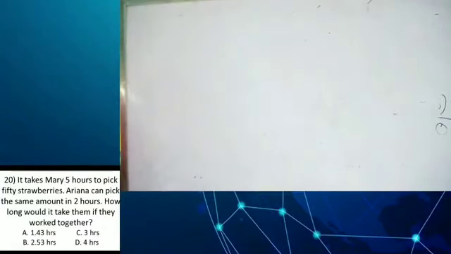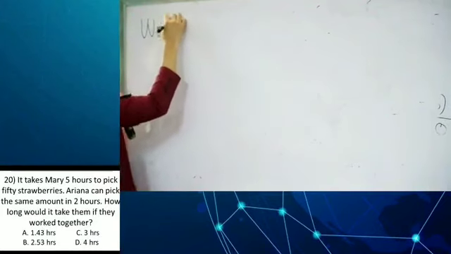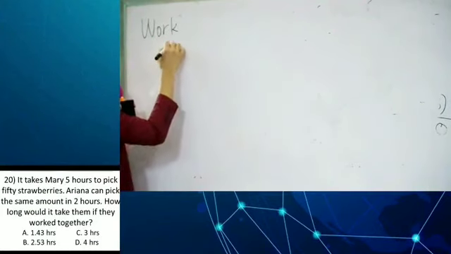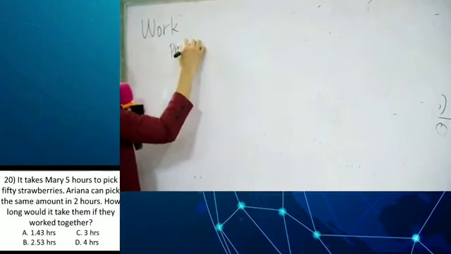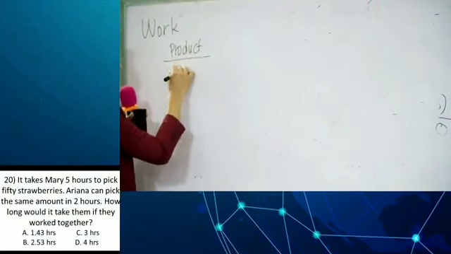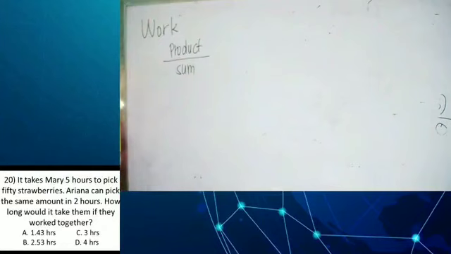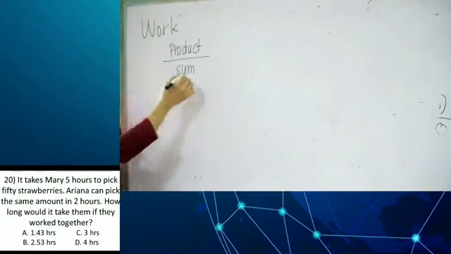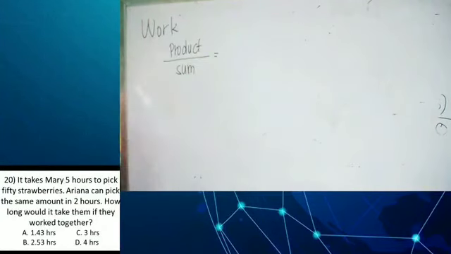Pag work problem po na-encounter nyo, tandaan nyo lang itong formula na ito. So, work is equal to product over sum. Okay? So, ano po yung kailangan nating i-multiply? So, yung dalawang given dyan. So, it takes Mary 5 hours to pick 50 strawberries.